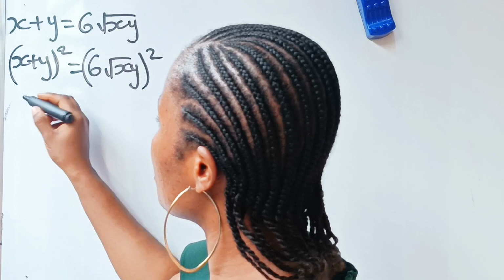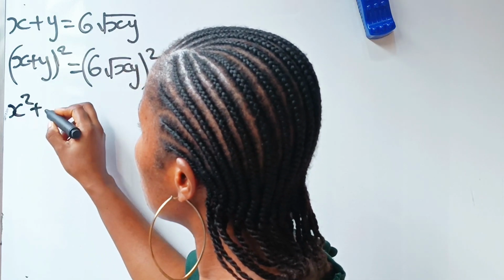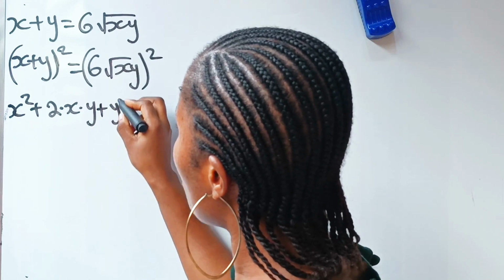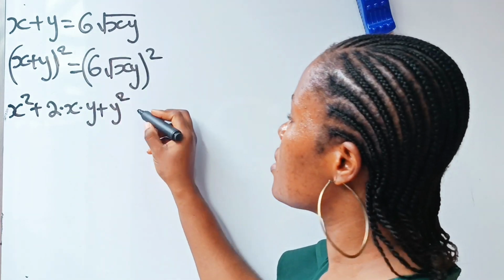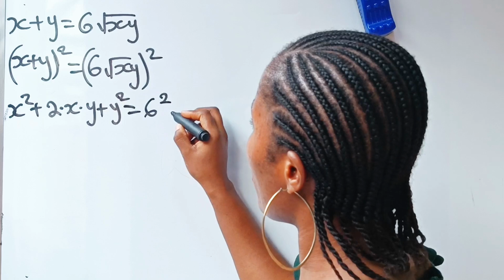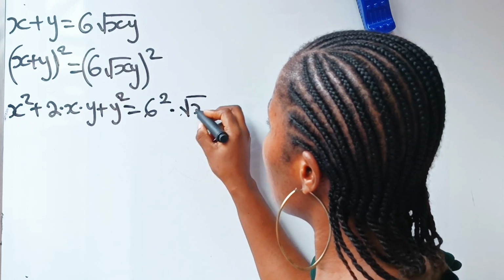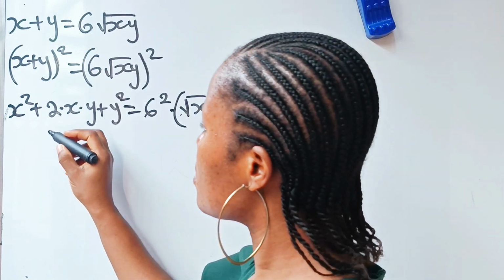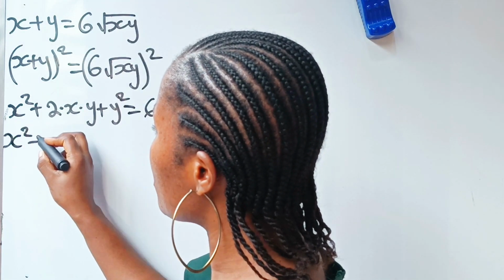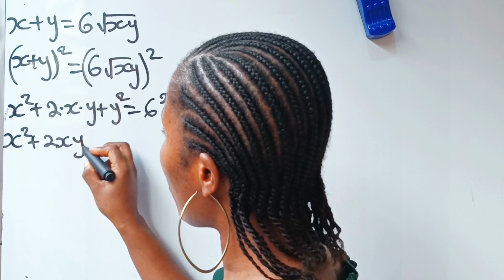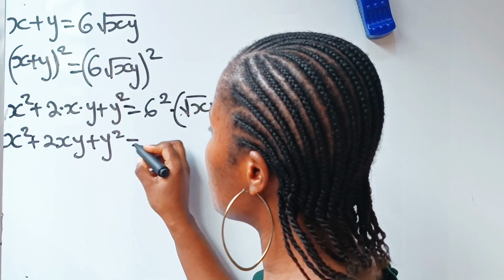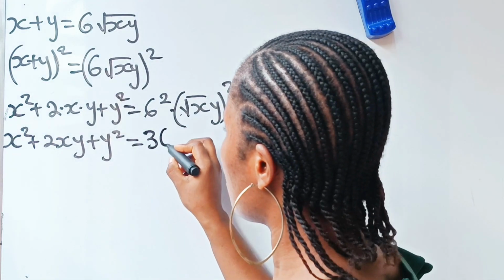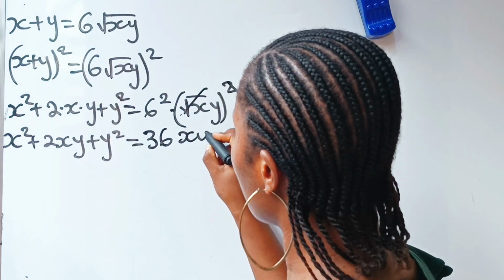So we write x squared plus 2 multiplied by x multiplied by y plus y squared is equal to 6 squared multiplied by root xy squared. So we have x squared plus 2xy plus y squared is equal to, now 6 squared is 36, and root xy squared is xy.